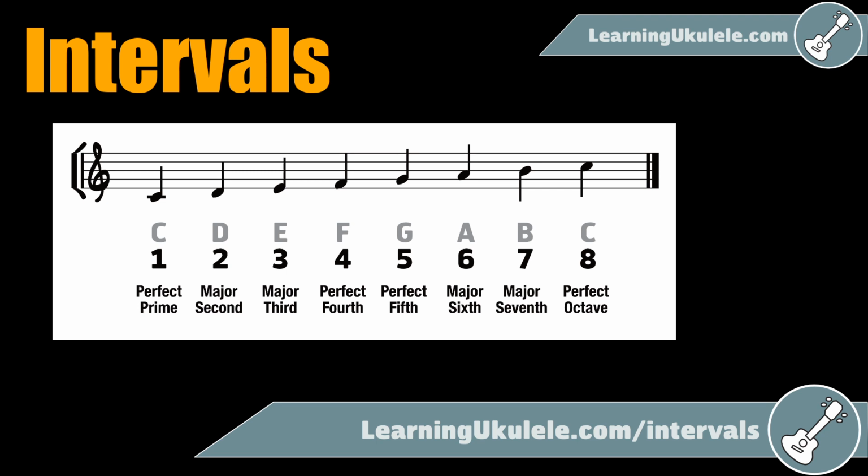Now the name is major or perfect for the major scale. Every interval starts out as major. The reason an interval would be perfect versus major is if the lower note and the higher note, take the example of C to F, if there is a C in an F major scale, it's perfect.